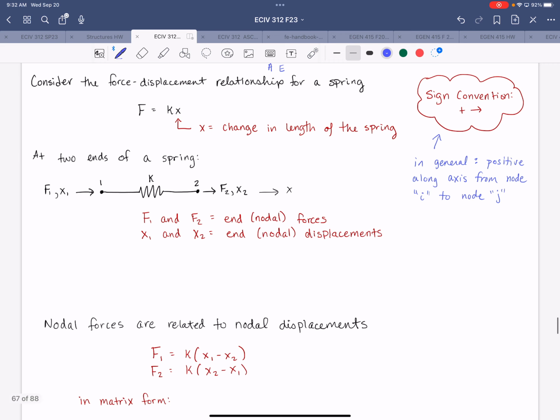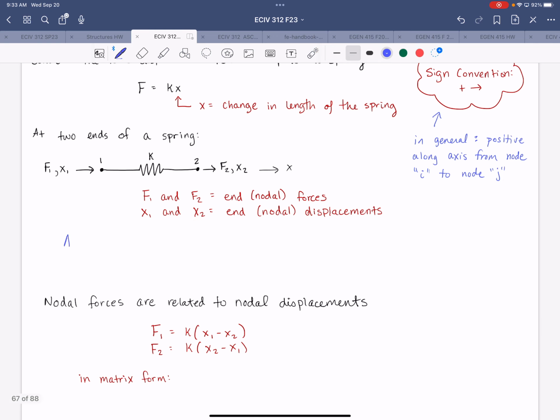At two ends of a spring, we have nodes 1 and 2 defined here. You've got the end or nodal forces, F1 and F2, and the end or nodal displacements, X1 and X2, defined and shown on the sketch.